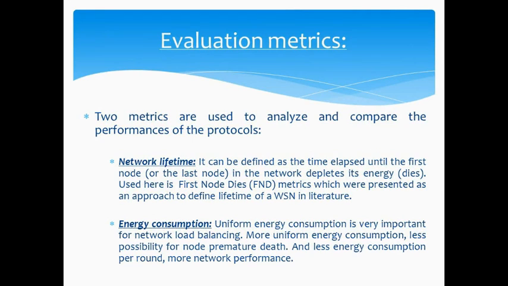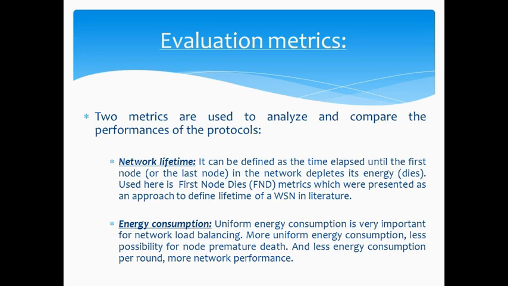Effectively, two metrics have been used to evaluate, analyze and compare the performances of these protocols. These two evaluation metrics are network lifetime and energy consumption. Network lifetime can be defined as the time elapsed until the final or the first node in the network depletes its energy or dies.